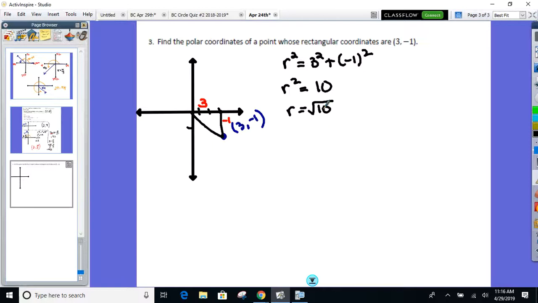All right, the angle now. Okay, to find the angle, we always use tangent. What's the opposite side here? My opposite side? Negative 1 over 3. Go ahead in your calcs. Second tan, negative 1 over 3.